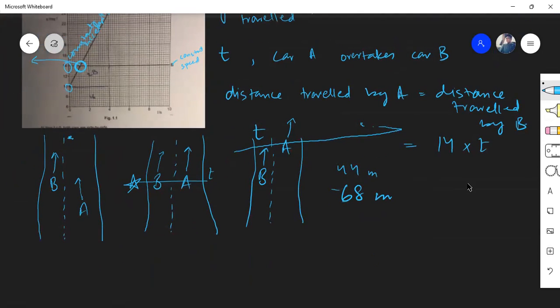Okay, so we'll get back to this. Obviously, we're concentrating here right now. So the correct answer is 68 meters for the distance the car travels in the first 4 seconds.